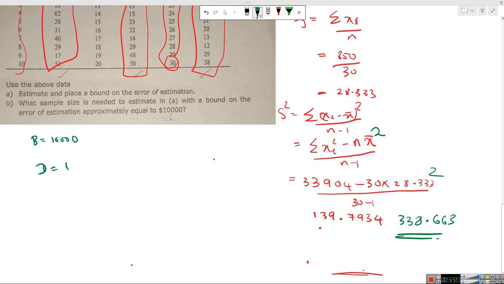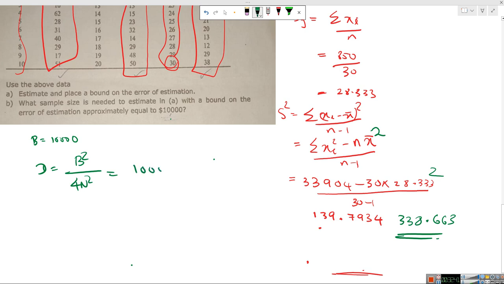So D is equal to B squared divided by 4. But this is for estimating the sample size for proportion and mean only. But if we are asked to find the sample size for determining the total, then we have to use B squared divided by 4N squared.